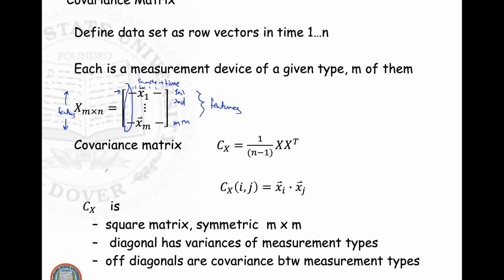Okay. So now, if we were to compute the covariance matrix, well, the covariance matrix of this system is just 1 over n minus 1, X outer product with itself, so X transpose. So we can do this outer product between sets of vectors, not just individual vectors.